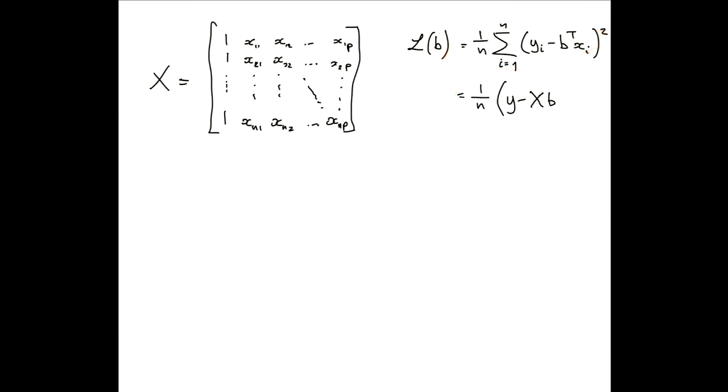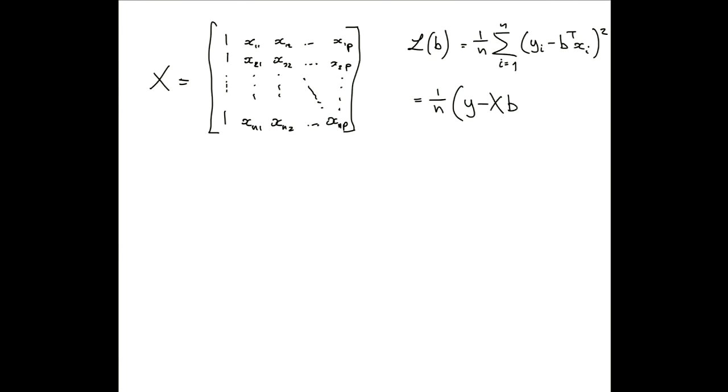Now, there's a square. In this notation, we don't actually typically write this as a square operation. So let me just take a bit more space. The way we write that is 1 over n, all of the y labels minus the product of the parameter values times the data, x.